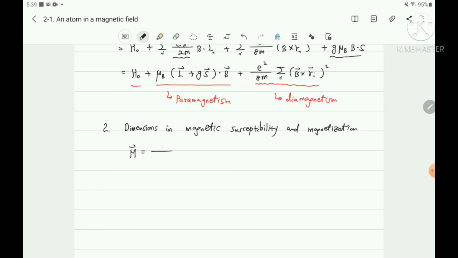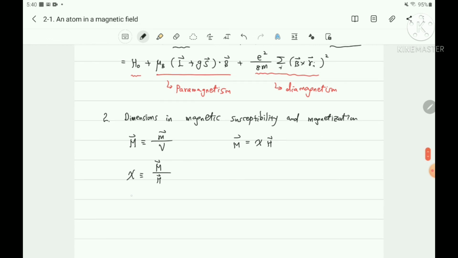Magnetization is defined as the magnetic moment divided by the volume of the material, and the magnetic susceptibility is defined by the magnetization having a linear relationship with the applied magnetic field. H is the applied magnetic field, M is the magnetization, and therefore the magnetic susceptibility is M over H. Because it is a vector divided by a vector, this magnetic susceptibility is basically a tensor quantity.